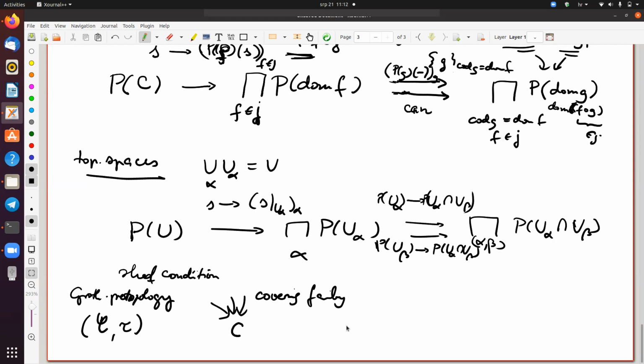But one is that, say, the identity is in, but usually you work with pre-topologies in categories with pullbacks.